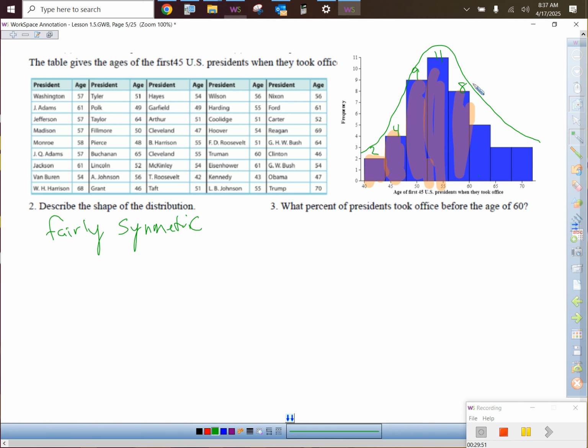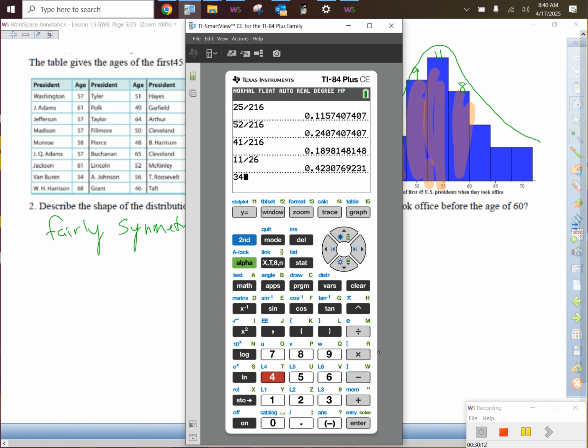Tell me what you get. 34. Do you know how many total presidents there are in this chart? It tells you in here. 45. So I didn't have to add the rest of them up. 34 divided by 45 is about 75.6%.